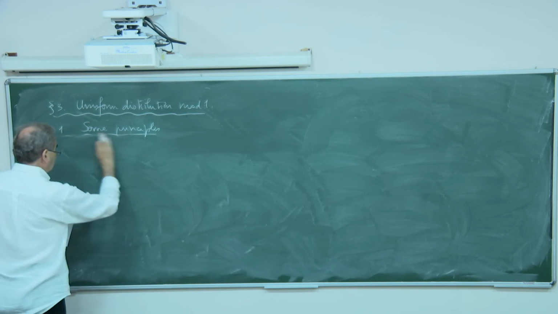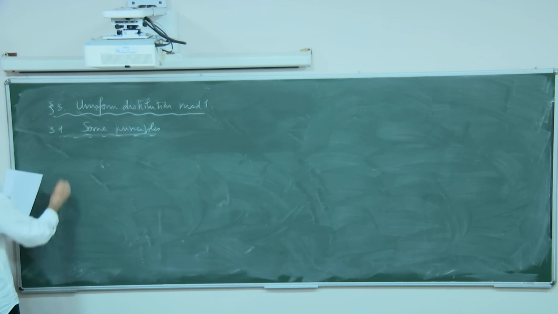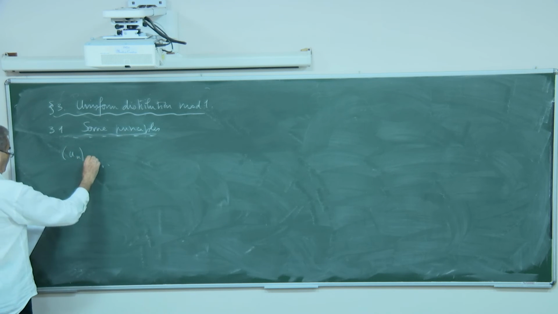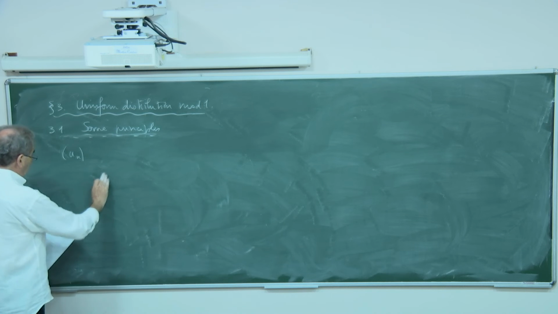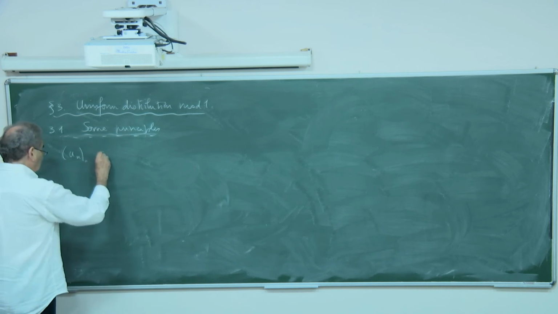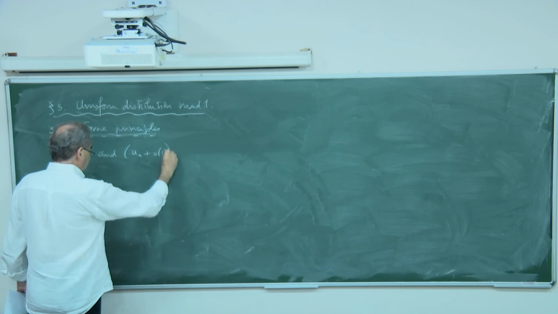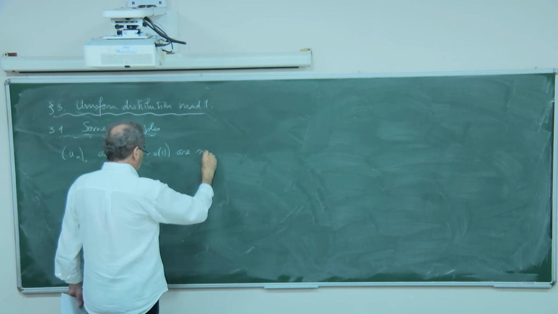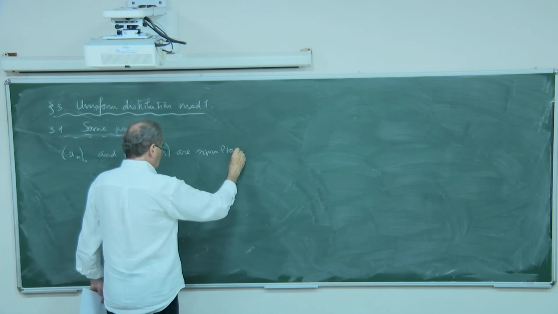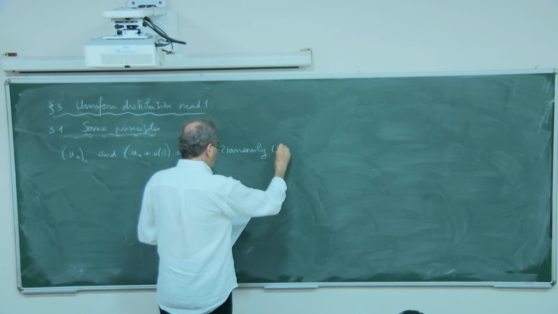And we have a lot of possibilities to play with. So one which is clear is that u_n, I don't repeat all the time that u_n is a sequence of real numbers, u_n and u_n plus little o of 1 are simultaneously UD1 or not.